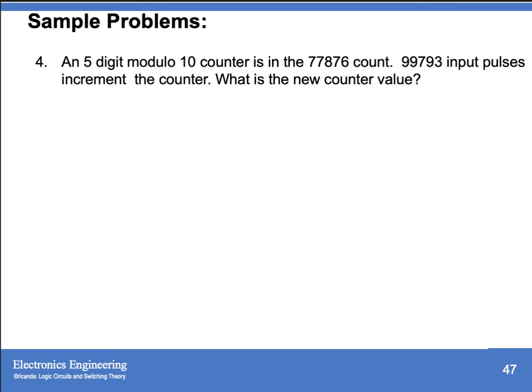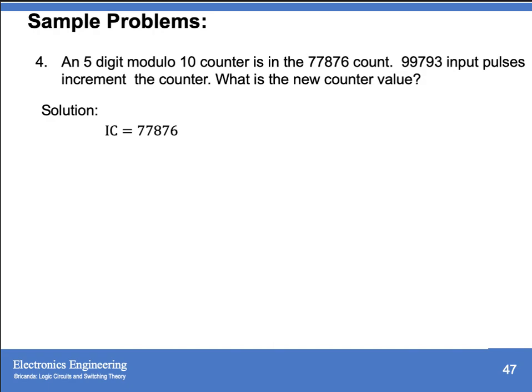Another example, if we have a 5-digit modulo 10 counter with initial count of 77,876, and there are 99,793 input pulses, increment the counter. What is the new counter value? Initial count is 77876.